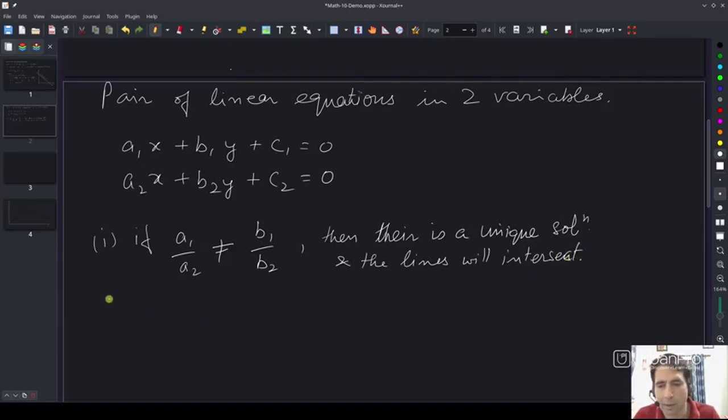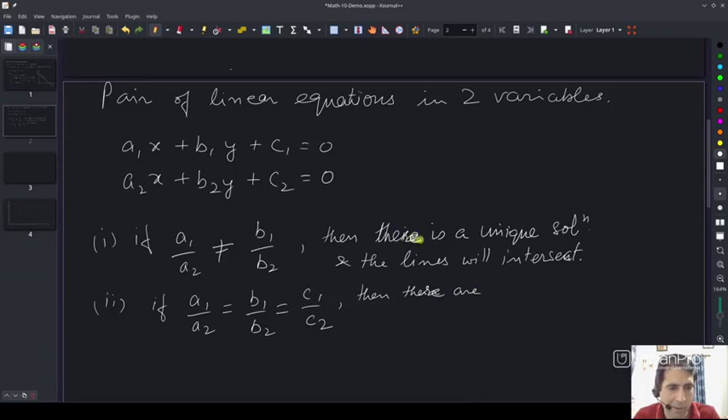Okay. The second condition is if a1 by a2 is equal to b1 by b2 is equal to c1 by c2, then there are infinite solutions, and when we have solutions, the equations are called consistent.